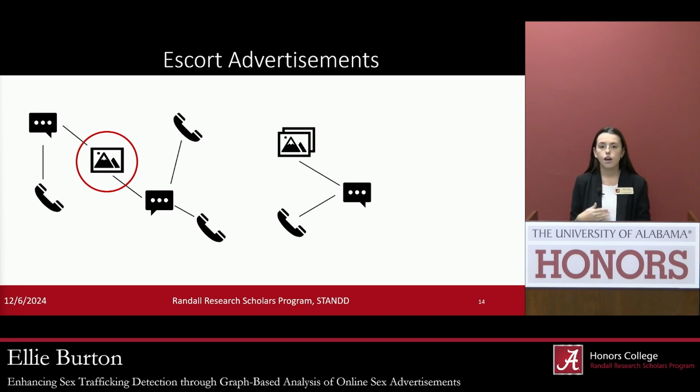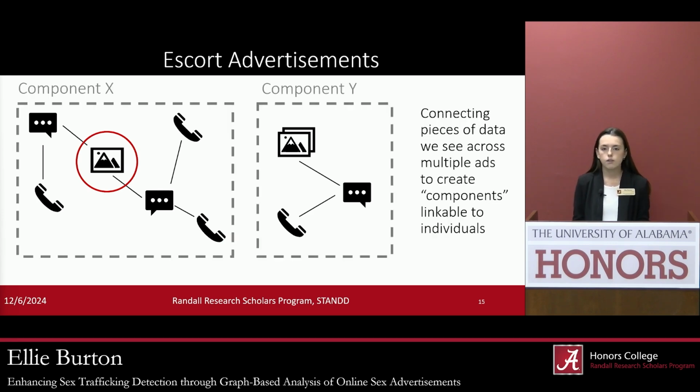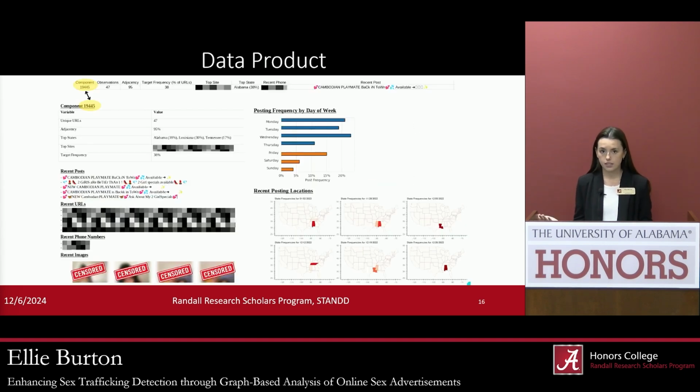This helps us build up possible representations of individuals on these sites to provide the best information for law enforcement. Creating these components that we can link to potential victims gives the police a data product with a lot of information in a more easily accessible and readable format, helping to make their efforts as intelligible as they can and helping to guide their efforts.